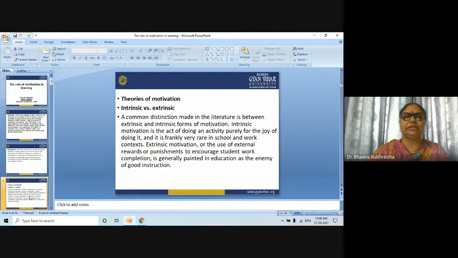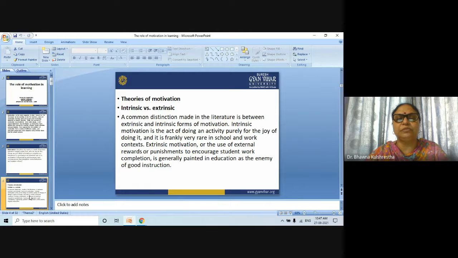Intrinsic versus extrinsic. A common distinction made in the literature is between extrinsic and intrinsic forms of motivation. Intrinsic motivation is the act of doing an activity purely for the joy of doing it, and it is, frankly, very rare in school and work contexts.